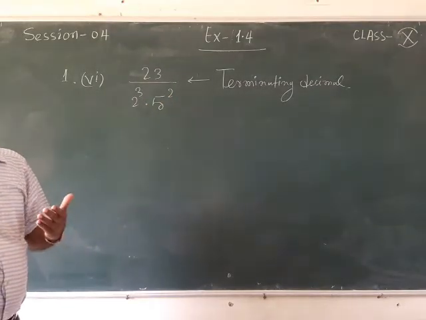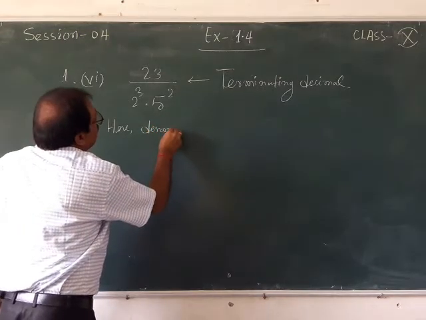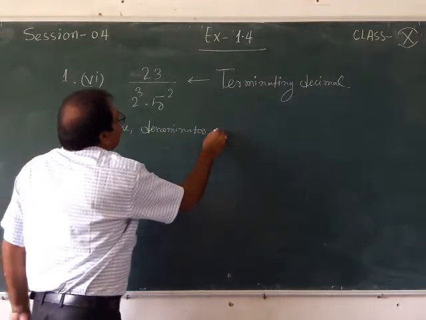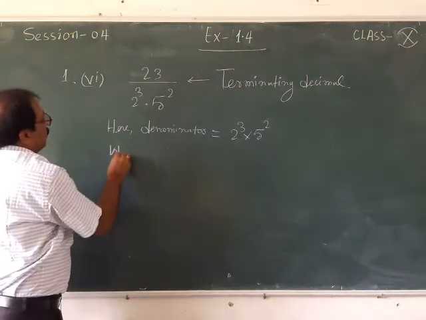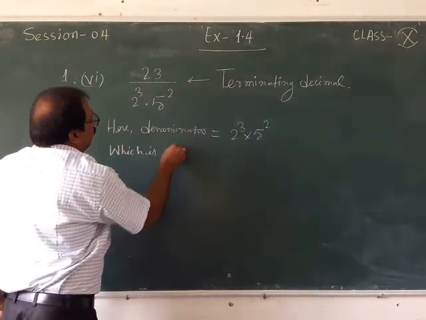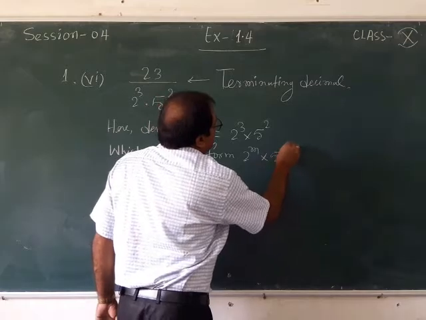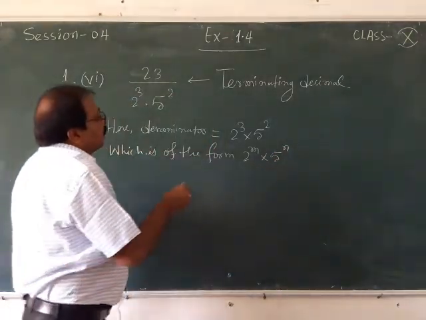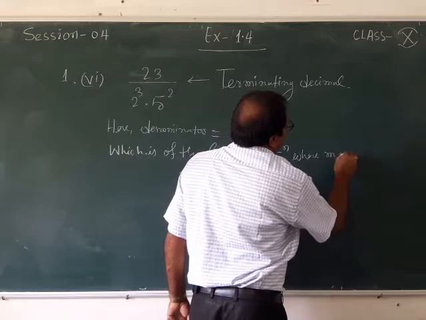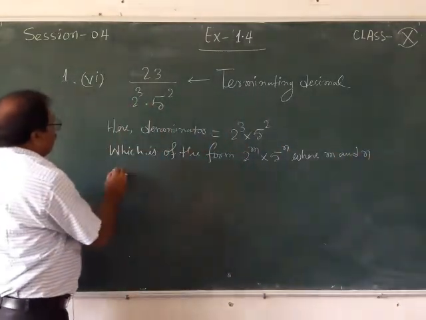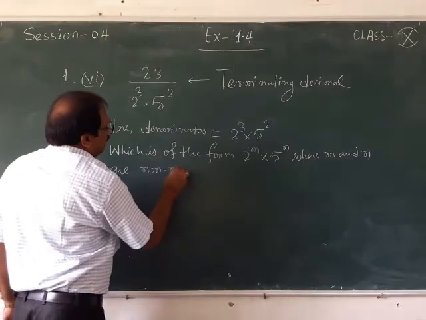Here I am writing the reason: the denominator is equal to 2 to the power 3 into 5 to the power 2, which is of the form 2 to the power m into 5 to the power n, where m and n are non-negative integers.